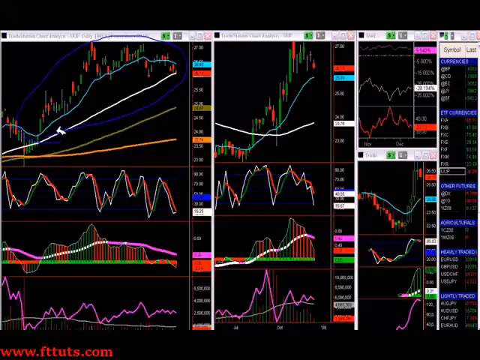US dollar on the daily chart's been in a nice big uptrend, right? S&P has been in a nice big downtrend. But when we look at our relative strength indicator, we see that the relative strength of the dollar is less than the S&P, or in this case, Vanguard Total Stock Market Index. So why is that?